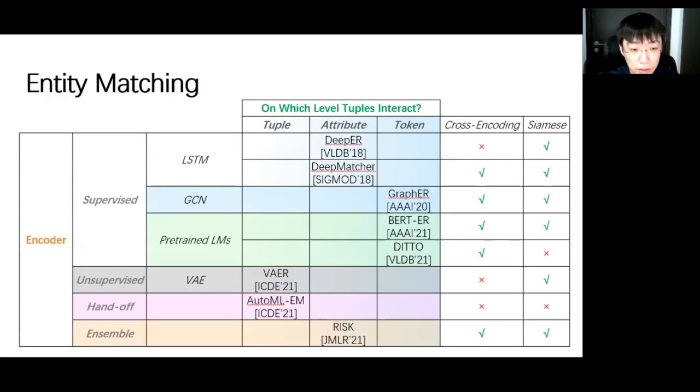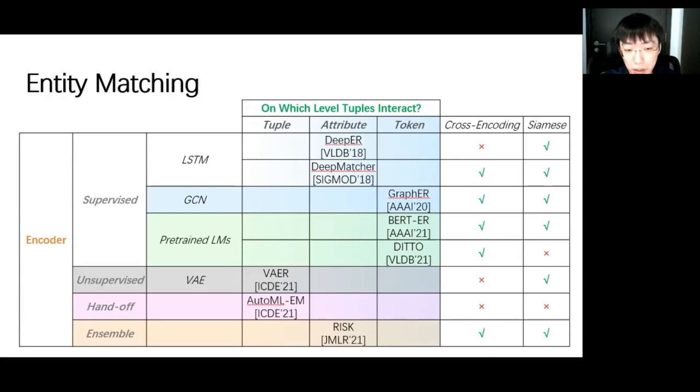Overall, horizontally, according to the encoder used, the entity matching models can be classified into supervised ones, for example DeepER and DeepMatcher, and the pre-trained LM-based ones, BERT-ER and DITTO. There are also unsupervised ones like VAER, the hands-off one AutoML-EM, and the ensemble one, Risk.